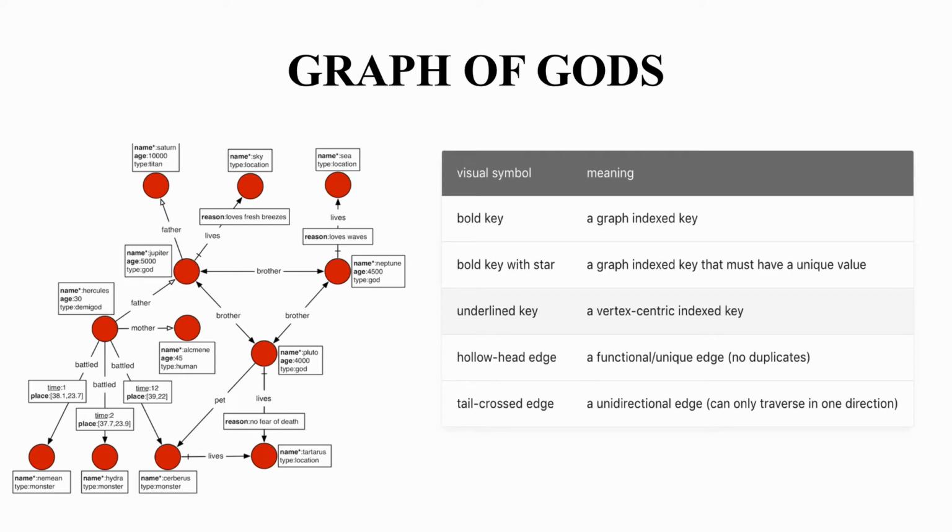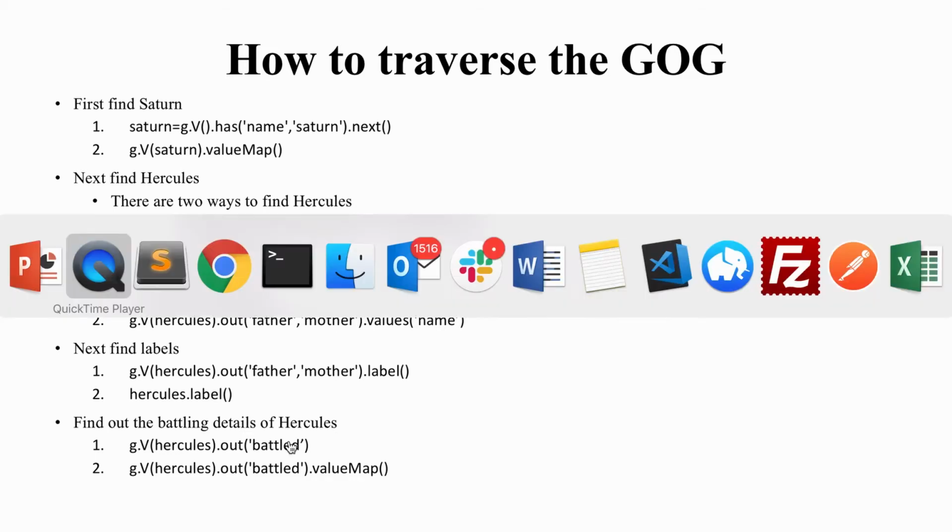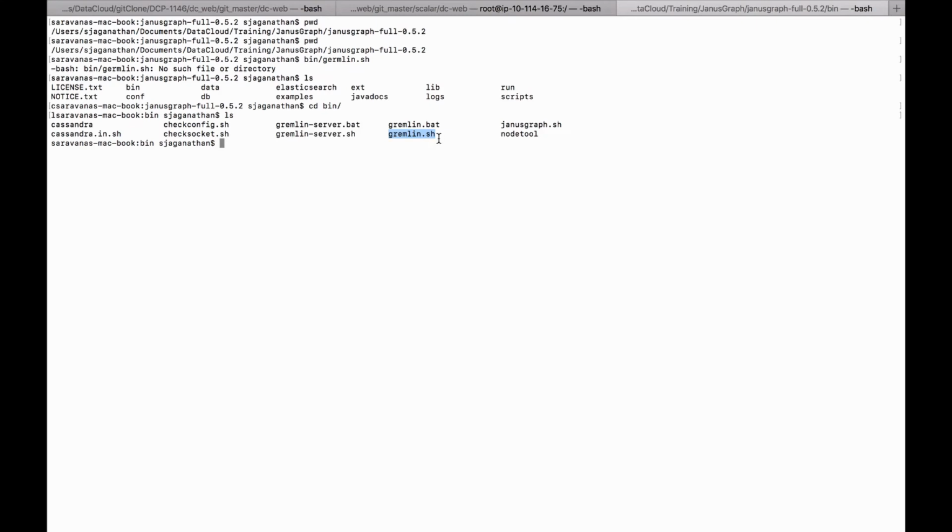Before going to the practical example of how to traverse this graph, let us start our usual procedures. We will start Gremlin with in-memory storage, then load the graph, then start doing the traversal. First let me go to my command prompt. Here I am in the JanusGraph current directory.